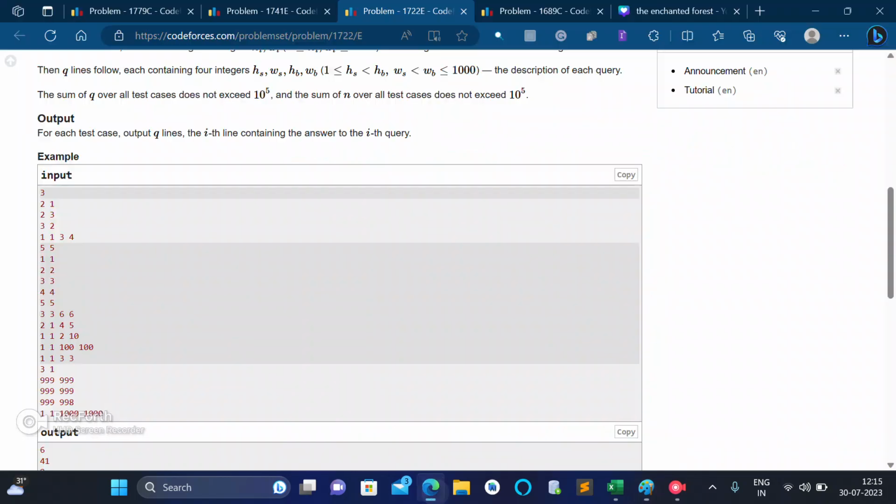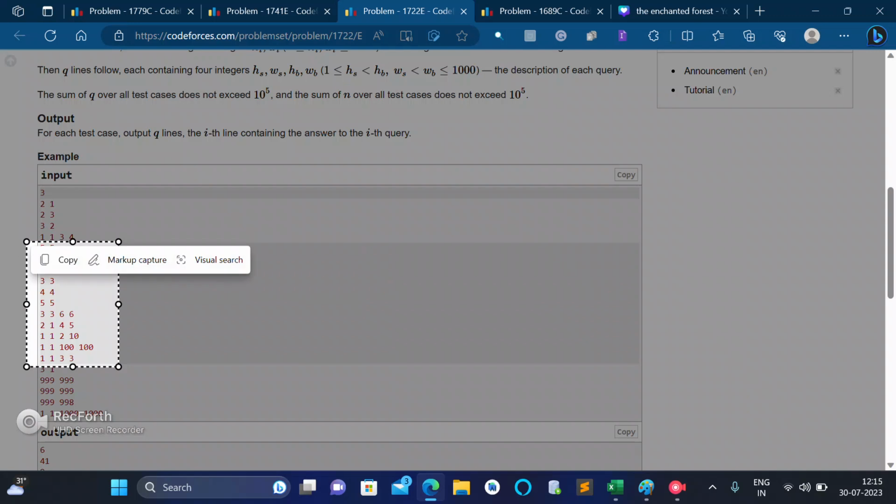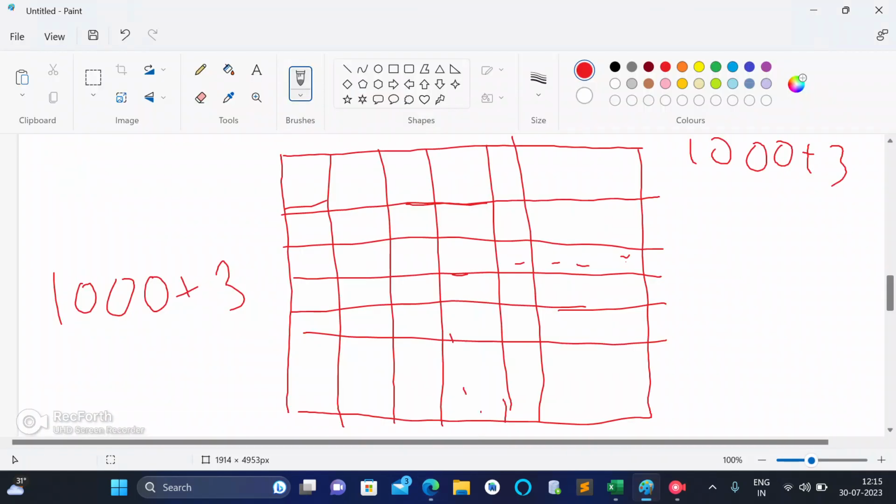So let's understand this test case. Here it is given 5 rectangles and 5 queries.